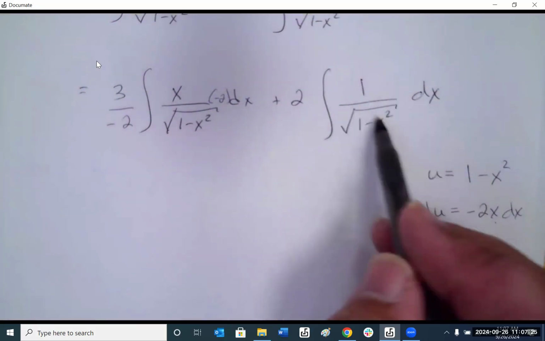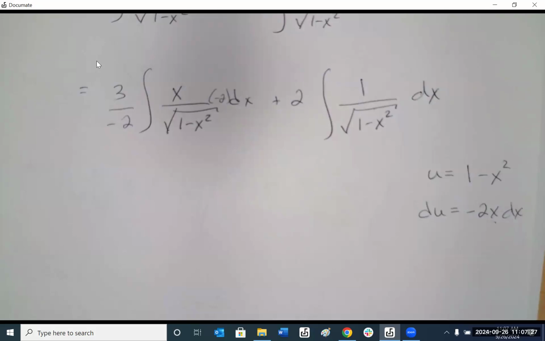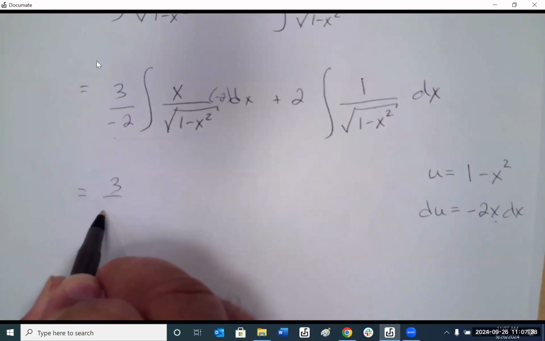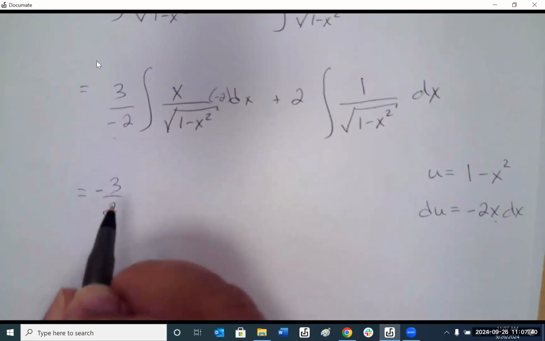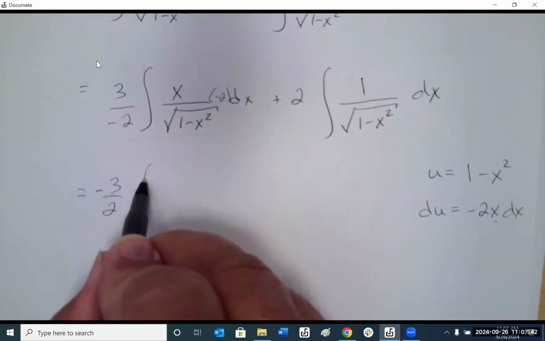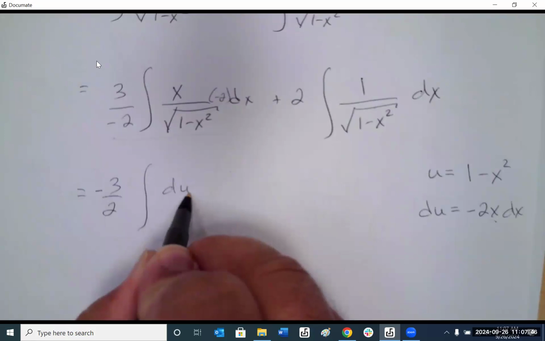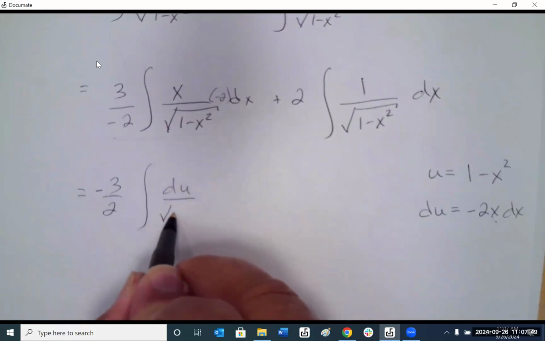What about this one? Okay, so this first one we have simplified. It's negative 3 over 2 times the integral of du over the square root of u.